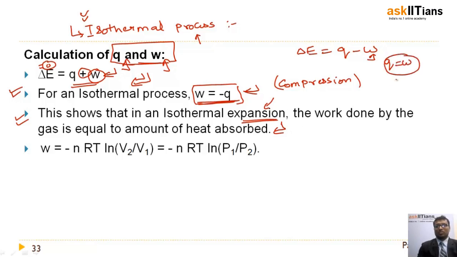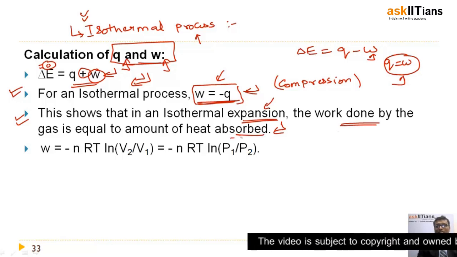So in isothermal compression W equals minus Q, and in isothermal expansion work done will be equal to heat absorbed.